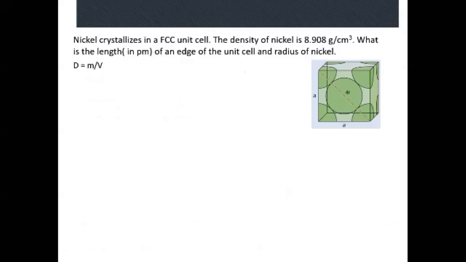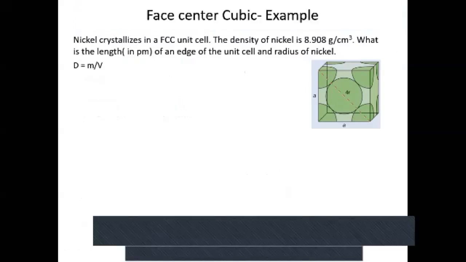And this involves nickel, and nickel is a face-centered cubic structure. And it says the density of nickel is 8.908 grams per centimeter cubed. What is the length in picometers of an edge of the unit cell and the radius of nickel? So here we're given the density and asked to determine the length of the A-axis and the radius of nickel.